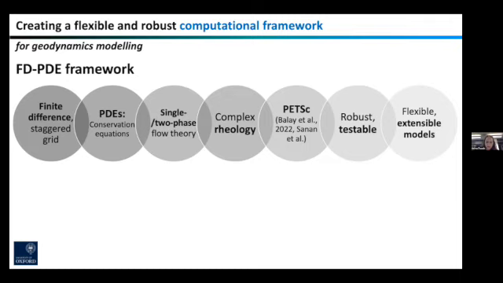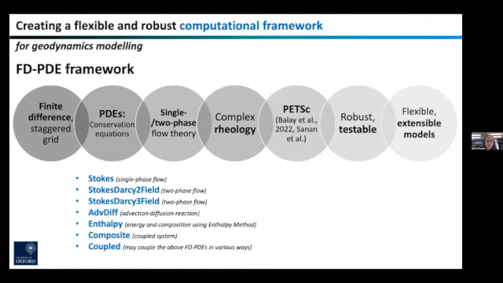So we can build very simple models to test numerical methods or to test simple physical phenomena, but also more complex applications. Essentially, we developed it to solve a number of partial differential equations, such as Stokes-Darcy, or two-phase flow in slightly different variations, an advection diffusion reaction equation, and we can also couple them in many different ways.